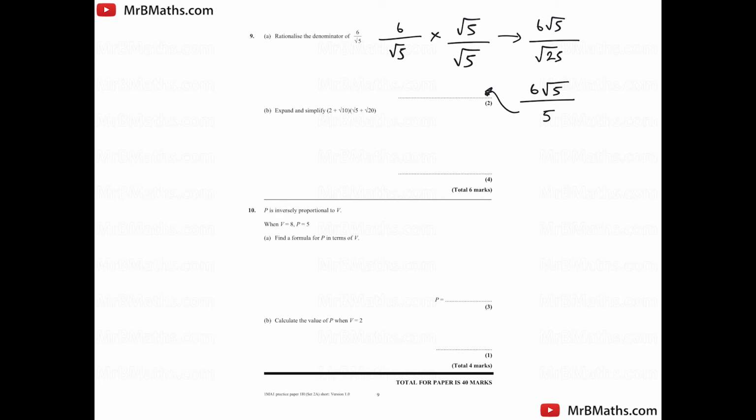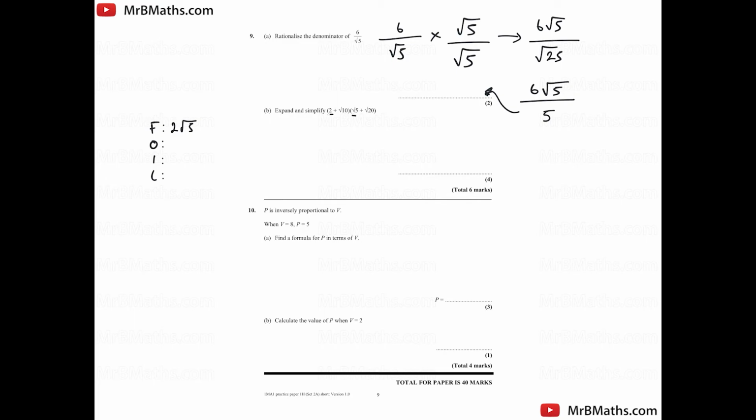Expand and simplify 2 plus root 10, root 5 plus root of 20. So we need to use the FOIL technique. So we can do FOIL here. Okay, so first terms, 2 times root 5 would be 2 root 5.